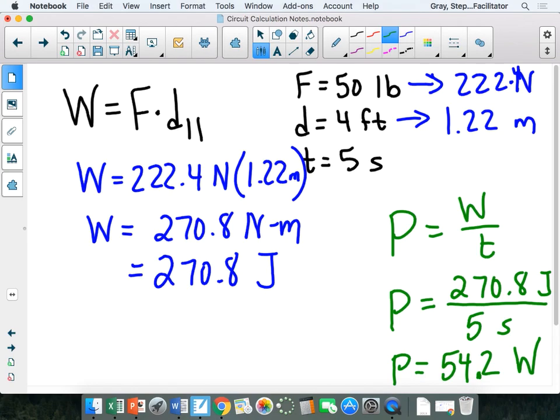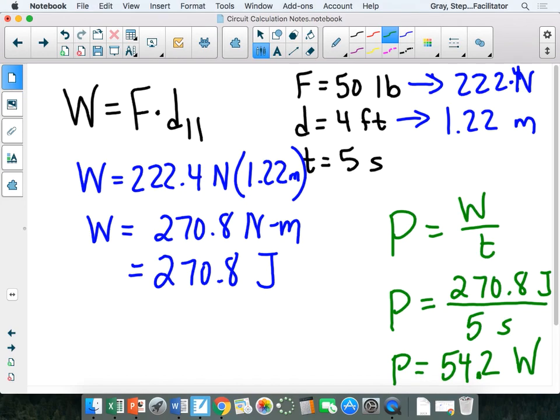So let's say that whatever electrical system we use produces this amount of energy.